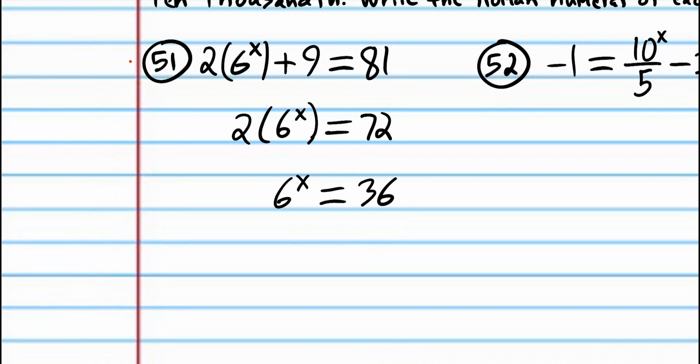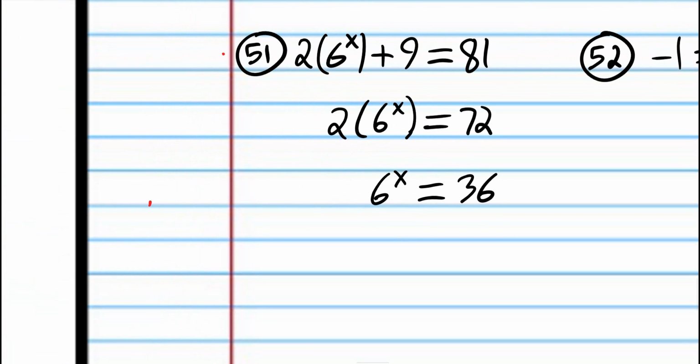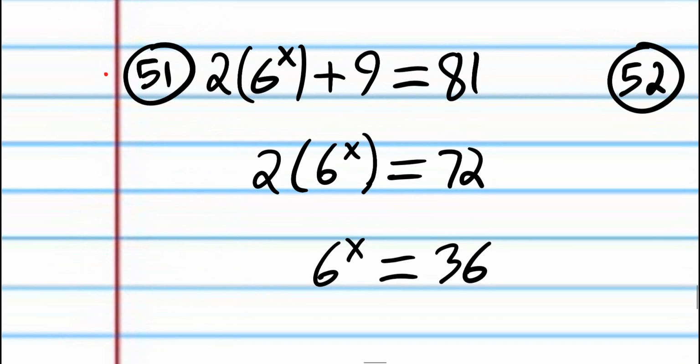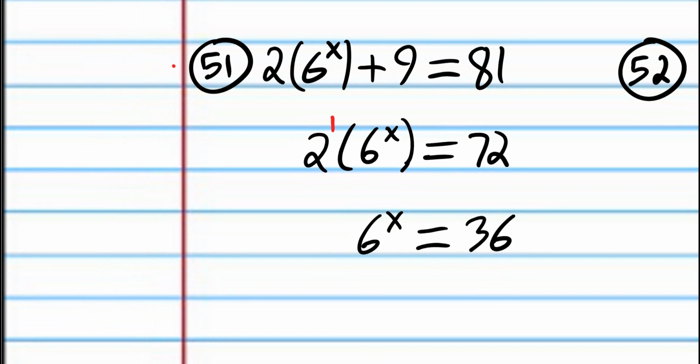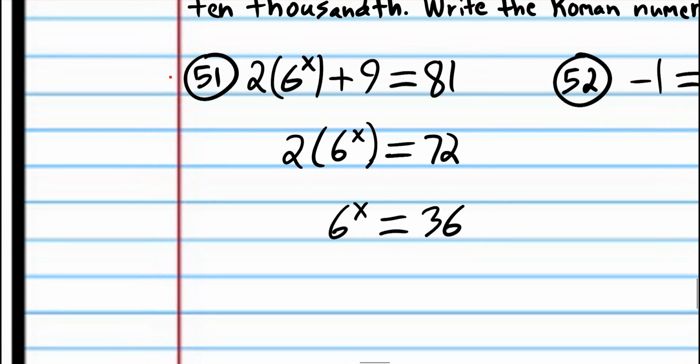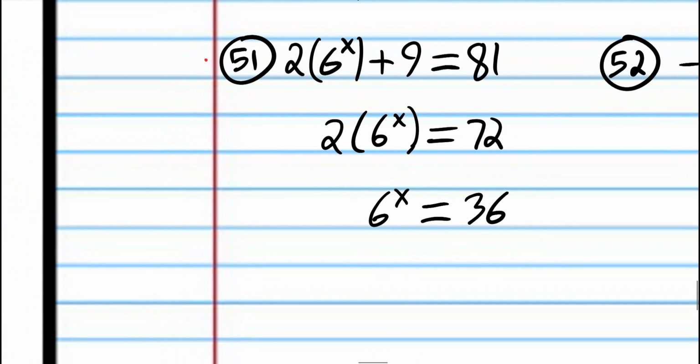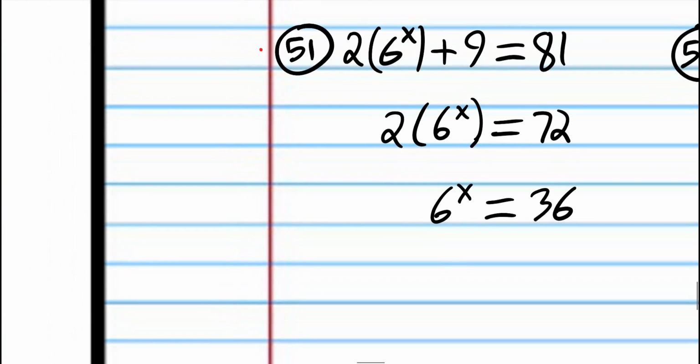Now I do have to warn you that a lot of students will take this expression and say we can just multiply the 2 and the 6 to get 12 to the x power. Well, we can't do that because if you write 2 to the 1 power, you can see that they don't have the same base. And even if they did have the same base, you would add the exponents, not just write the x randomly.